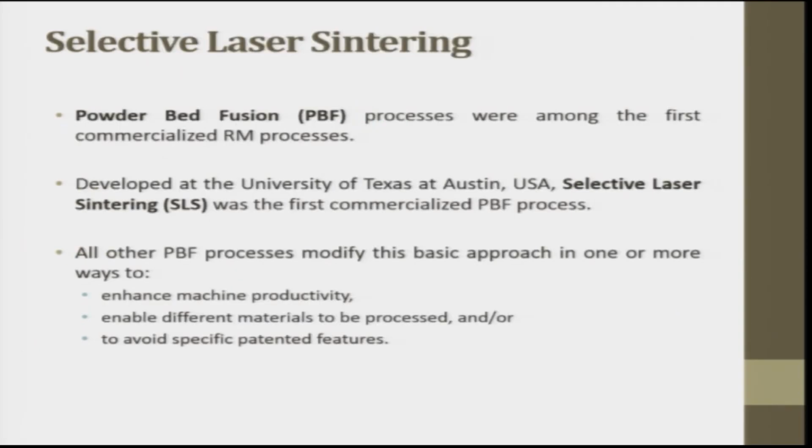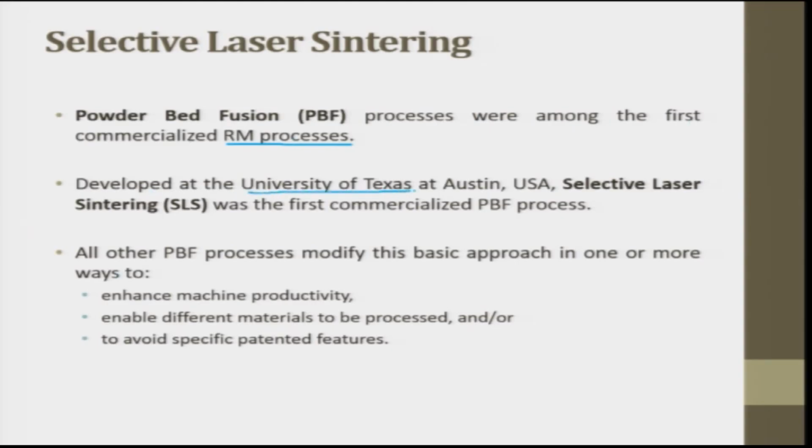The powder bed fusion processes were among the first commercialized RP processes. This was commercially available even before stereolithography reached its fullest extent. Powder bed fusion: powder bed, this is the powder starting material, fusion is joining.